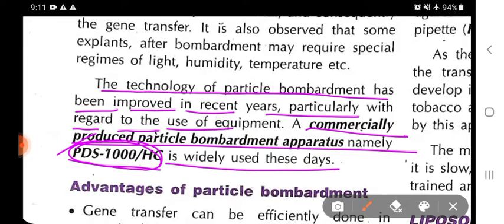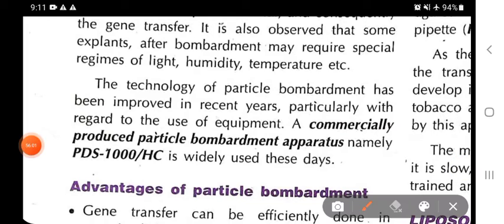This is the name of an instrument for particle bombardment found commercially in the market, PDS 1000/HC. This type of gene gun, or ballistic device, is commonly employed nowadays for particle bombardment.